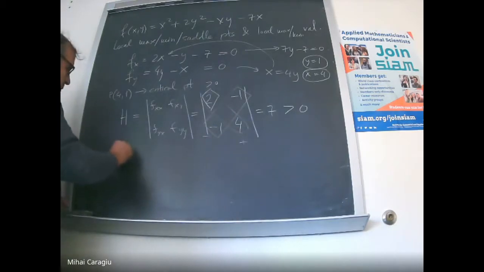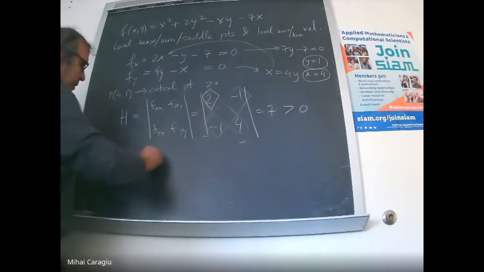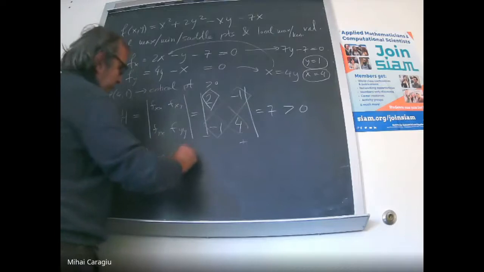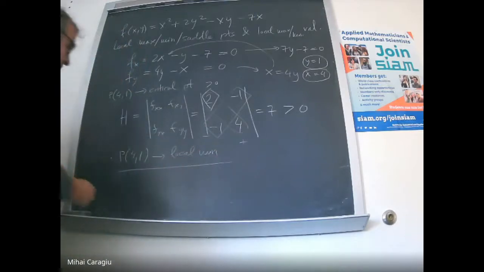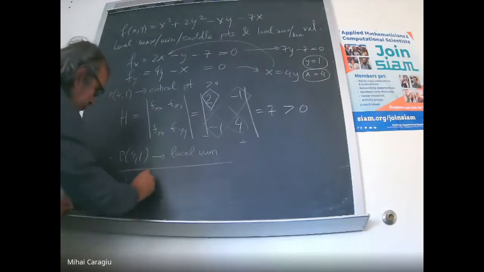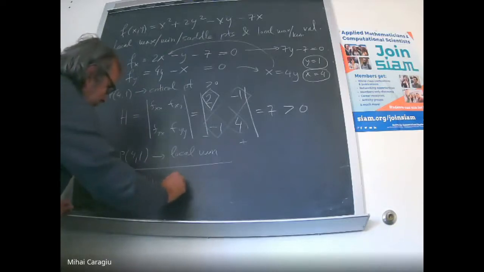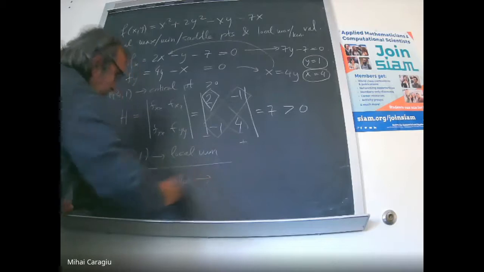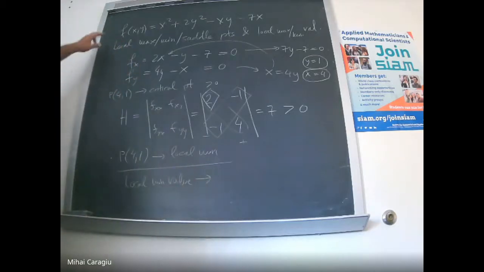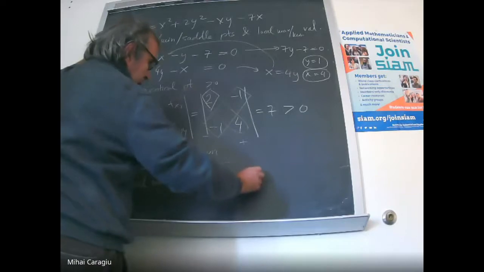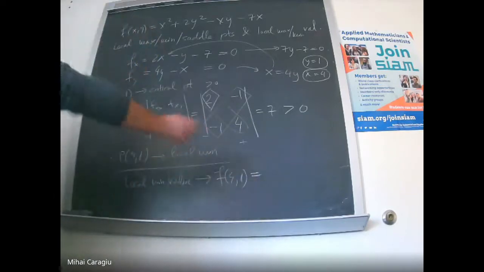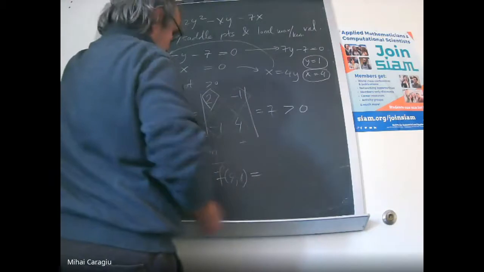So therefore, P of 4 and 1 is a local minimum. The local minimum value is the value of the function f at 4 and 1. Okay, so x is 4, y is 1.